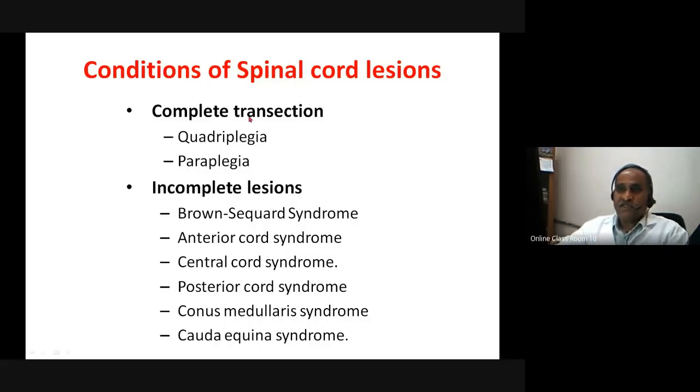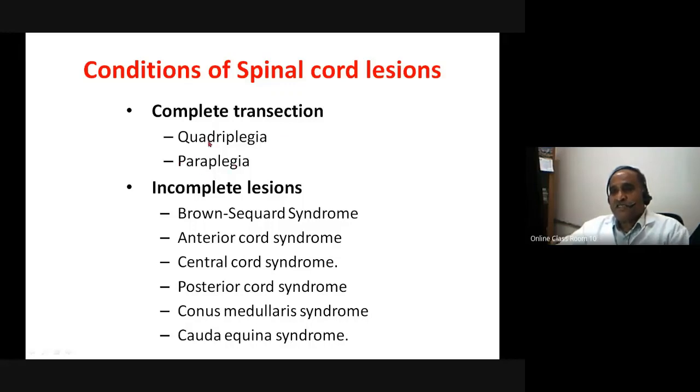Now, in the complete transection, there is quadriplegia, also known as tetraplegia. That means all the four limbs are involved, and the lesion may be in the cervical site.